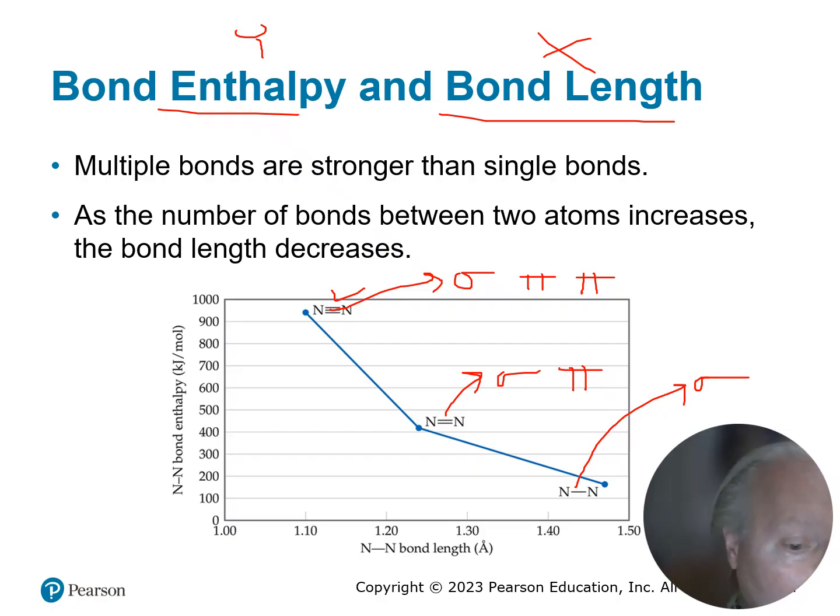Now, the length of the bond is important. The nitrogen triple bond is very short compared to the nitrogen-nitrogen single bond, which is longer. And as you would expect, the double bond is right in between the single bond and the triple bond. So the longer these bonds get spread out, the easier they are to break.